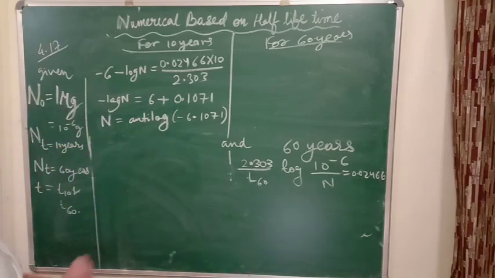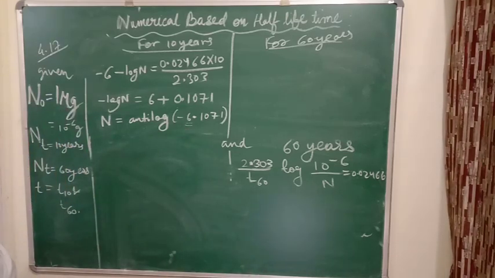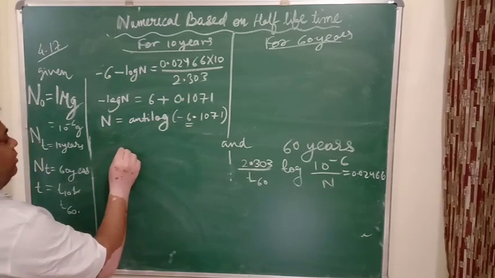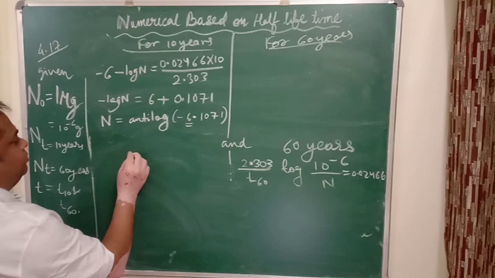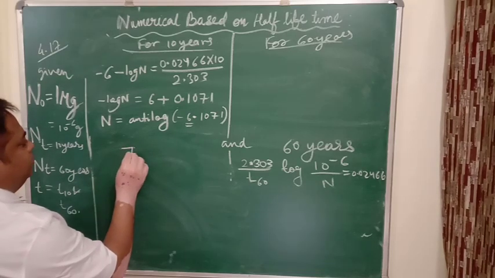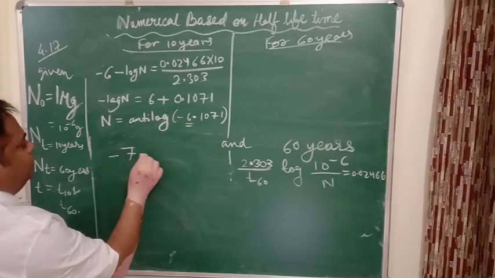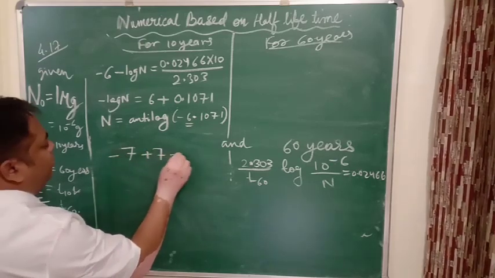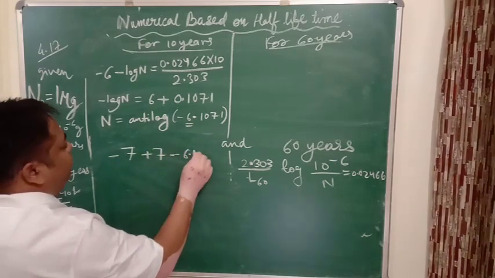We know that the characteristic cannot become negative, so we have to make it positive. To make it positive, what we will do? We will take minus 7 plus 7 minus 6.1071.